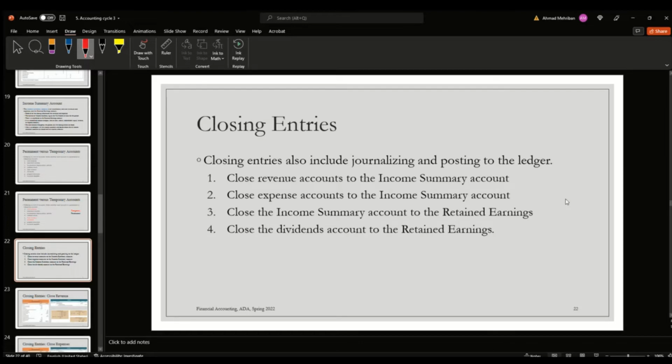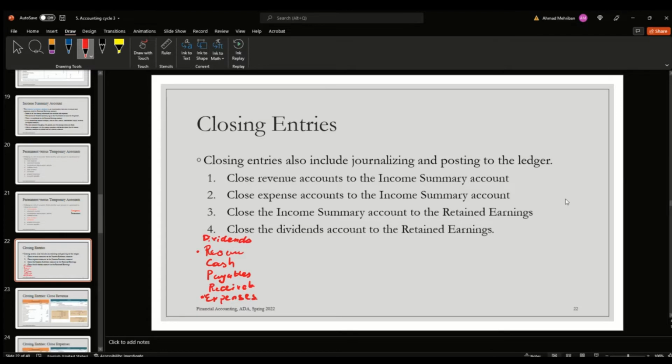Given that information, obviously you will have, let's say, a revenue account, a cash account, a payables account, receivables, and so on, also expenses. Now you need to close specific accounts, which are revenues, expenses, and dividends.